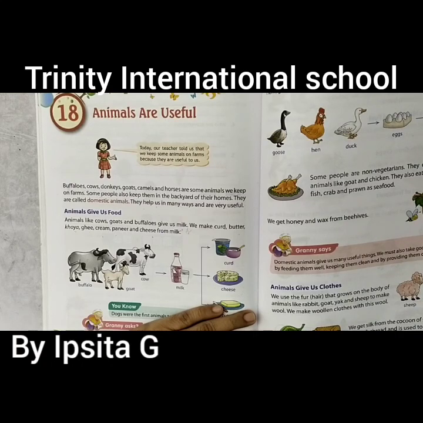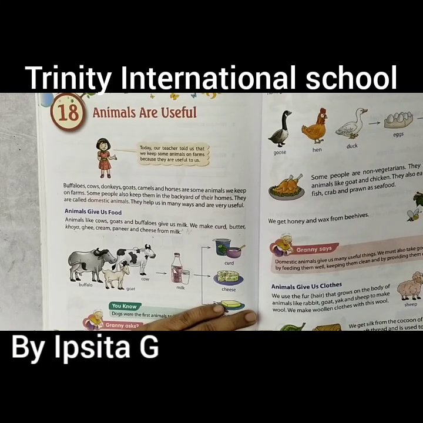Then we have also learned about the different movement of the animals, that is from one place to another place, which are the organs they are using. We have also seen the different habits or food habits of the animals.